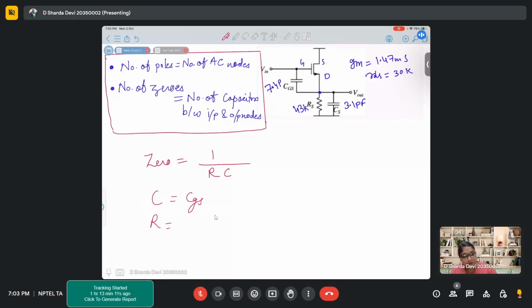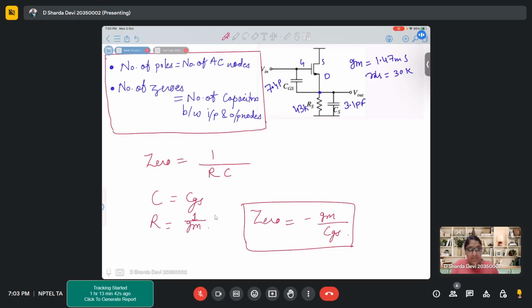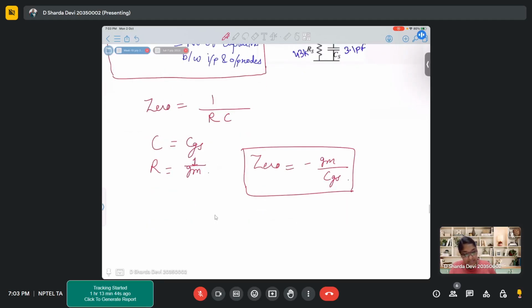The R that you will observe here is 1 by GM. The R that will appear because of this capacitor, which is connected between input and output, will be 1 by GM. So basically, the zero will have a value of GM upon CGS.